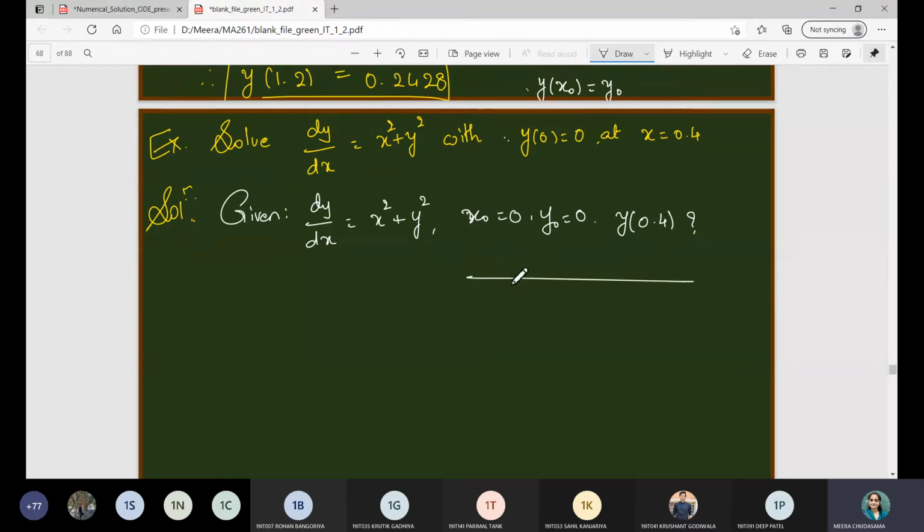Now x0 is 0, and we want to reach the point 0.4. So we have two possibilities.